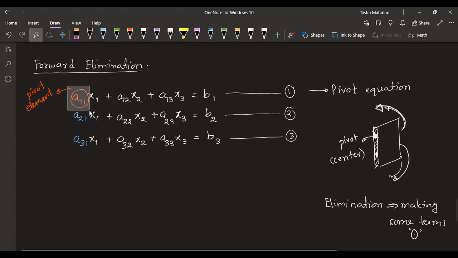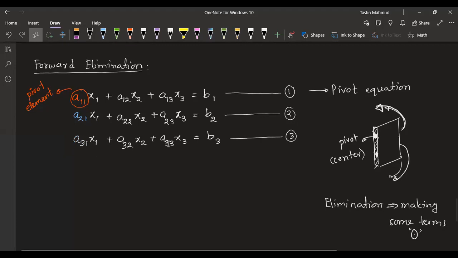Okay, so considering this pivot element A11, we are going to eliminate these two terms, the terms below the pivot element. A21 and A31 are below A11, so we are going to make them zero. How are we going to make them zero? Let's first focus on A21 only.